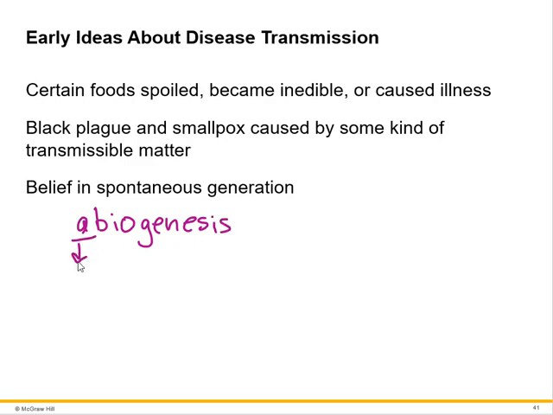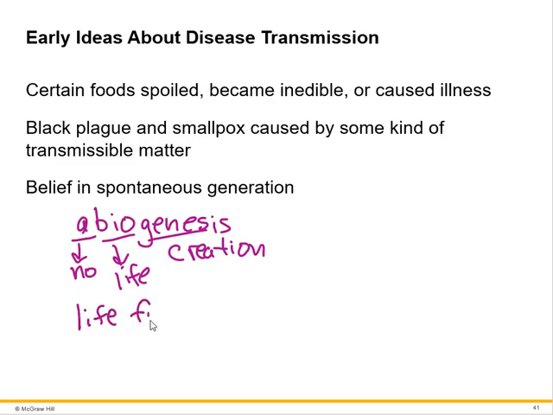So the absence of life creation: life created from nothing. In the 1800s, they finally put the nail in the coffin of this: life cannot come from nothing, it has to come from something.